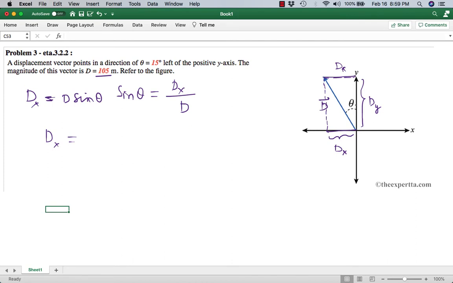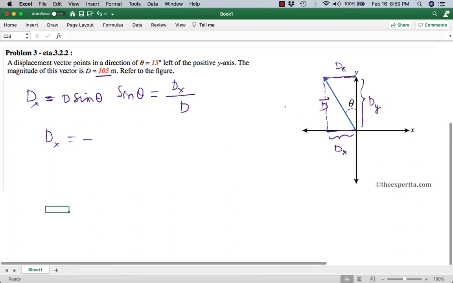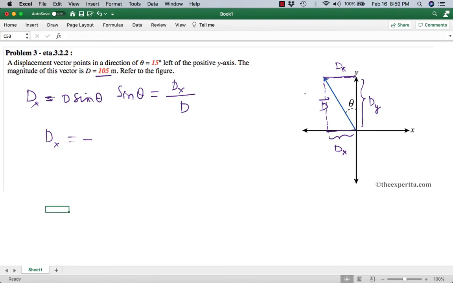Whenever we have the component on the left side of the y-axis, it is negative, because this side is negative x. This side is negative x and positive y.